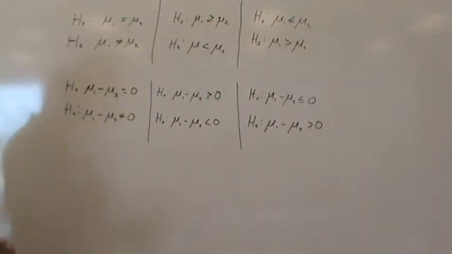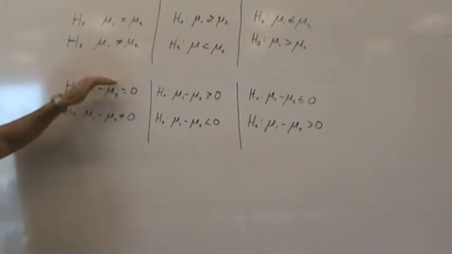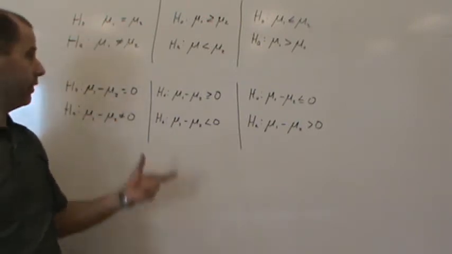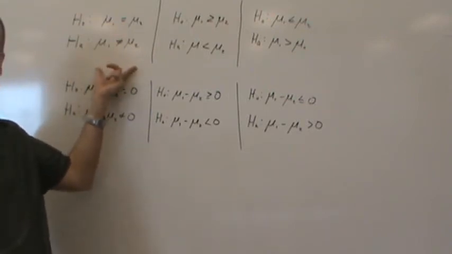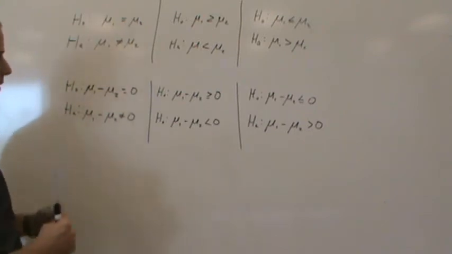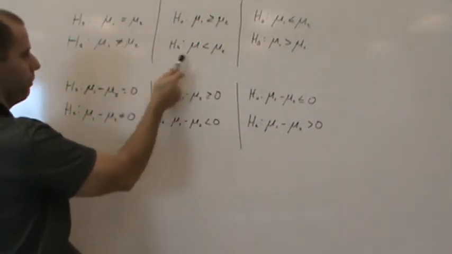So why do I show you this? Because this is going to look familiar later on. Typically either way is fine. I've seen the hypotheses stated this way or this way. Now in the textbook, this is the way that it is written, so that's the way we're going to keep it. But notice that all I'm doing is subtracting mu2 from both sides.